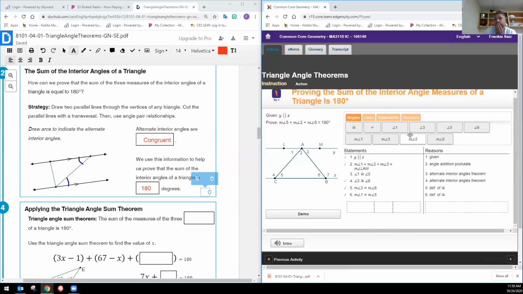Yeah. So angle 4 and 7 have nothing to do with that.